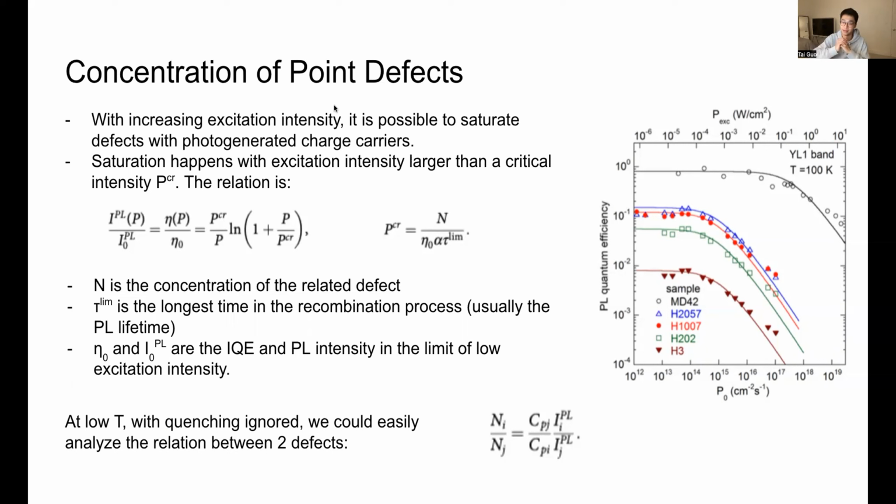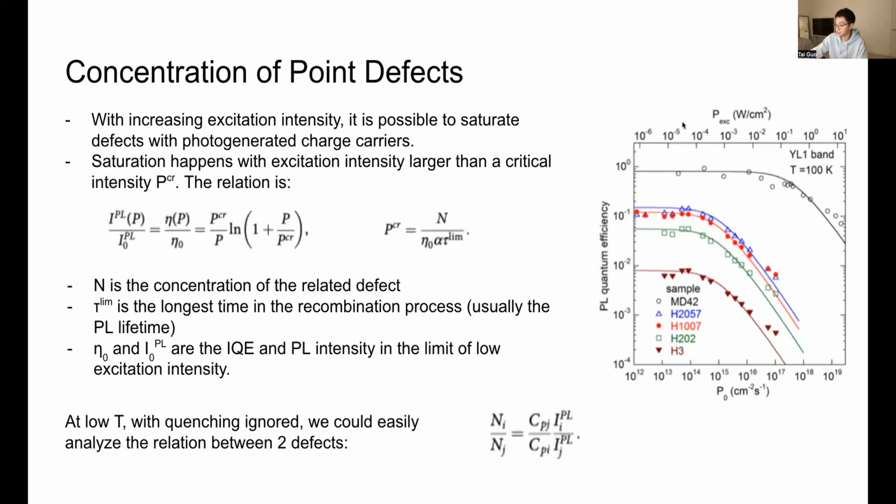The idea here is that we only have limited amount of defects in the sample. So with increasing excitation intensity, it is possible that we saturate the defects with photo-generated charge carriers. That means there should be a critical excitation intensity above which the photoluminescence intensity shouldn't increase.